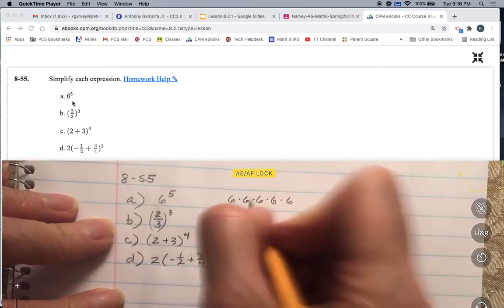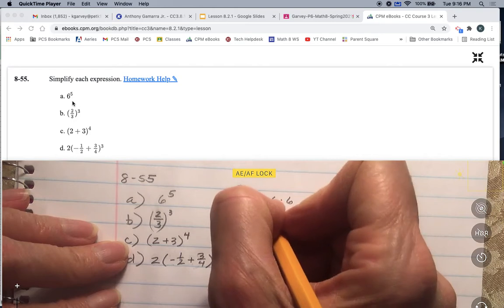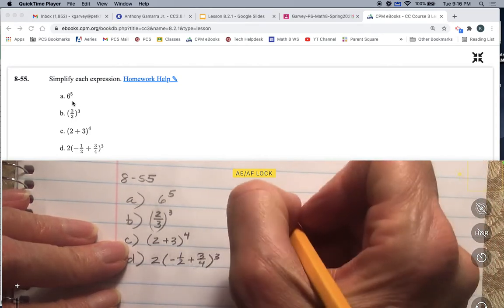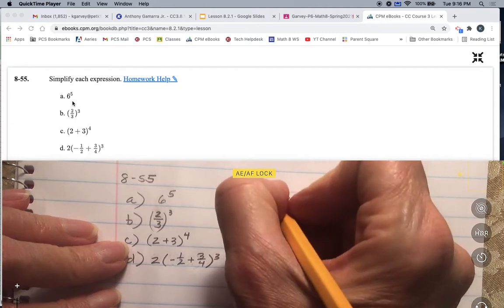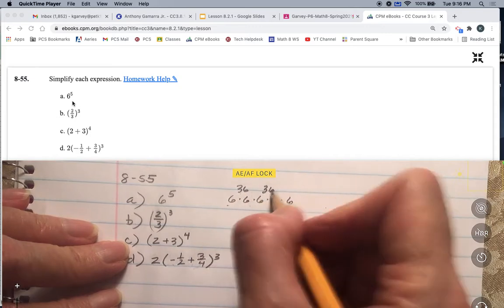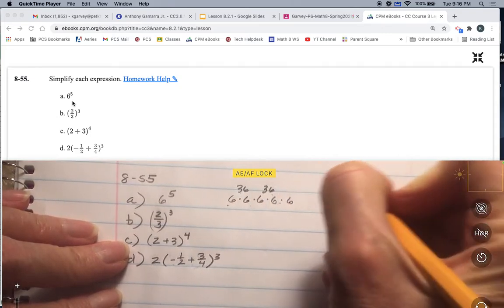If I multiply these two together, it's 36. Then 6 times 6 is again 36, and then there'll be a final 6. But if I multiply these two 36's together, let's see what that will be.